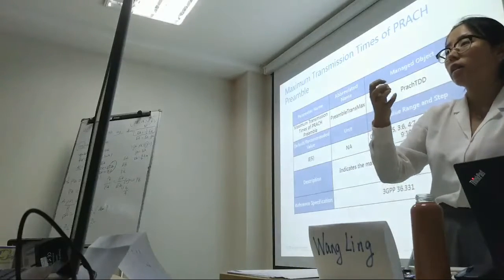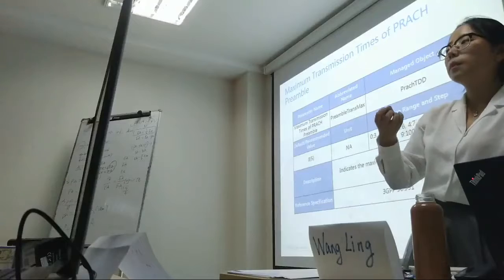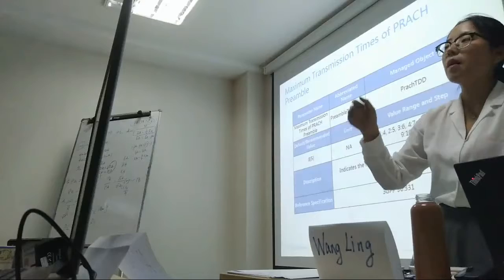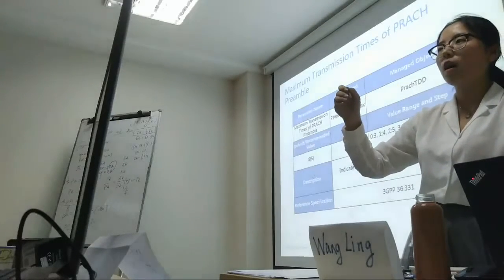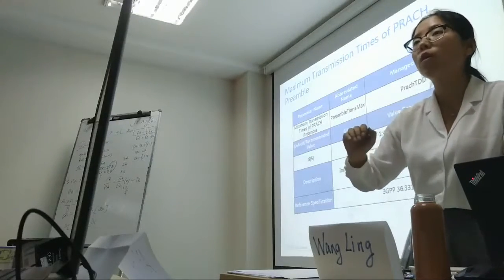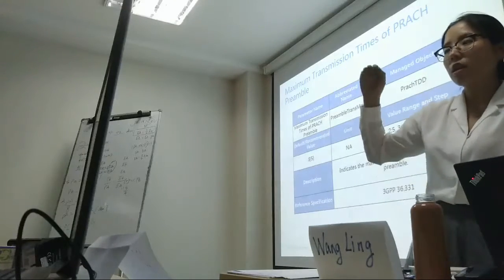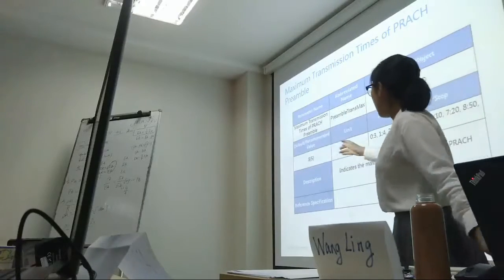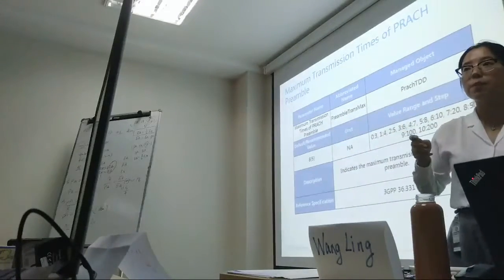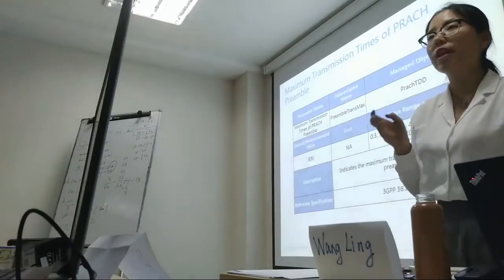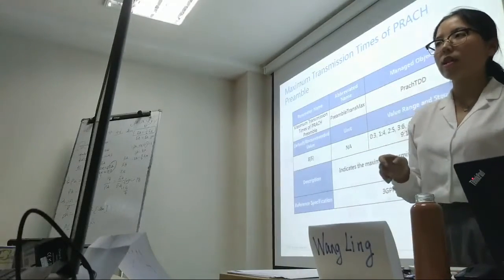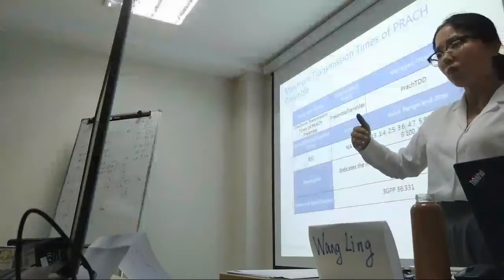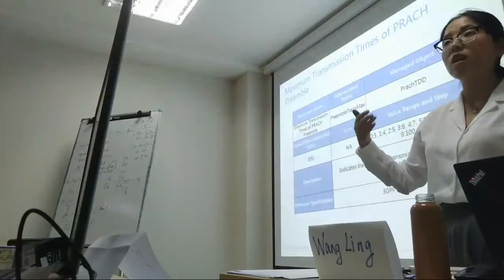If I don't receive the response, maybe the node B side did not receive the preamble, or maybe the node B side transmitted the random access response but I cannot receive it. It doesn't matter. The UE will think the node B side didn't receive it, so I will transmit it again. So it only has 3 times opportunity. If these 3 times are finished, the UE will go to idle state, wait some time, and the next time it will initiate a random access procedure again.